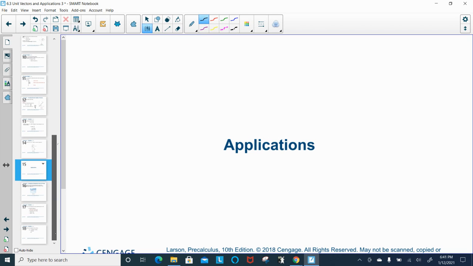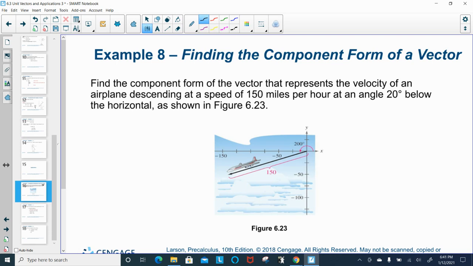Now, in looking at some applications, this is one example of a word problem where we're asked to find the component form. So we have the magnitude. We'll just call this V is 150.